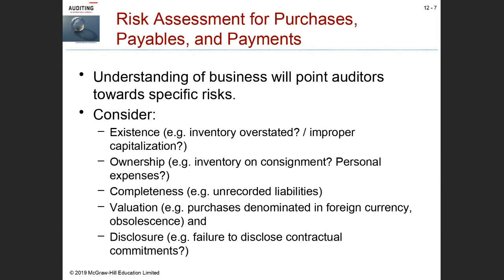Now, one of the things we'll talk about a bit later in the chapter, we've mentioned already, are inventory counts. The auditors want to ensure that the ending inventory recorded in the company's financial statements is accurate, that it does not include obsolete items which are improperly valued.